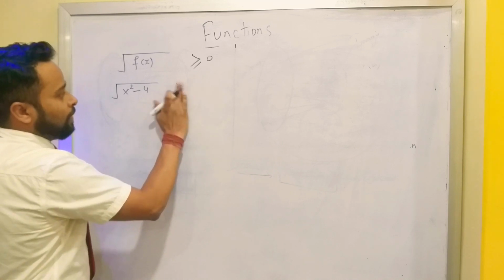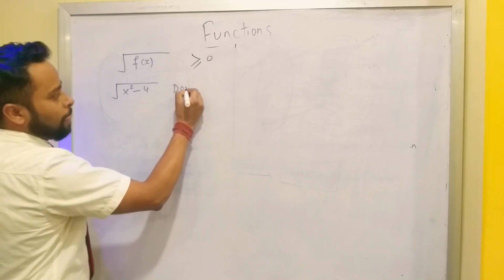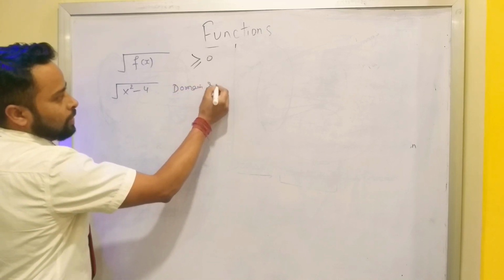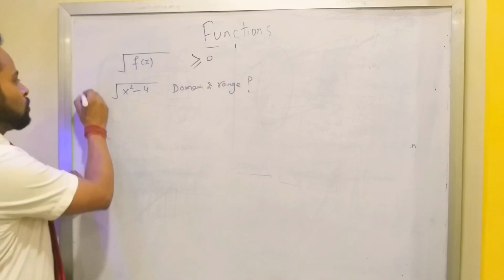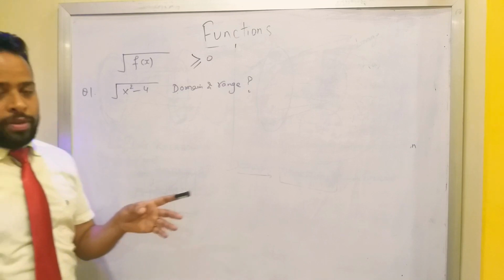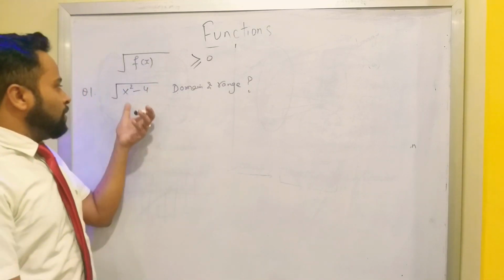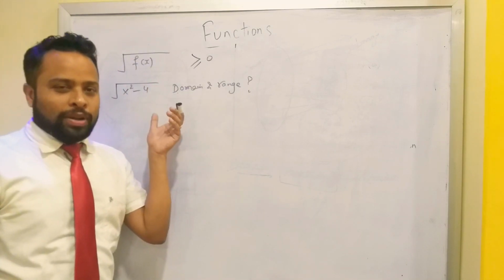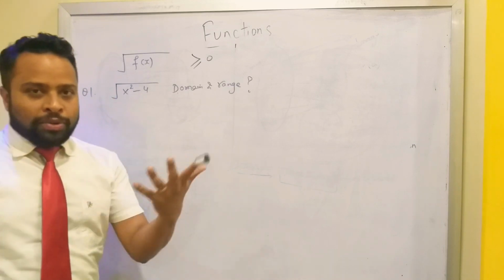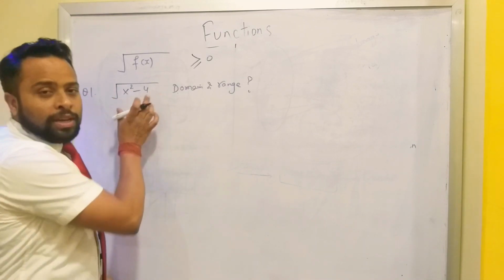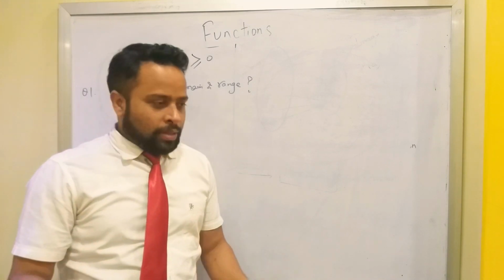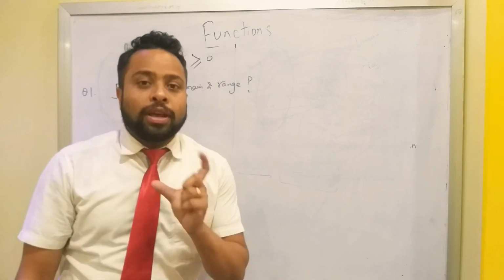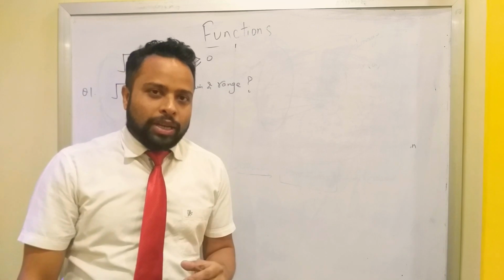Always we take this. If I have to find the domain and range, question number 1: find domain and range. In class 11 this was a hot question for everyone. Since it is a real function, what is the meaning of real functions?